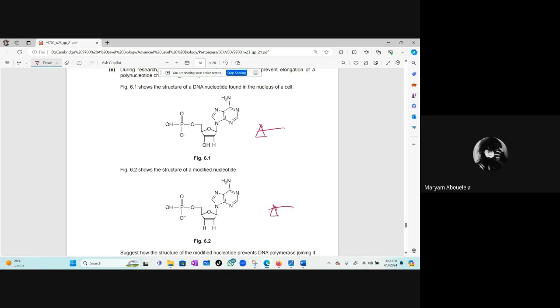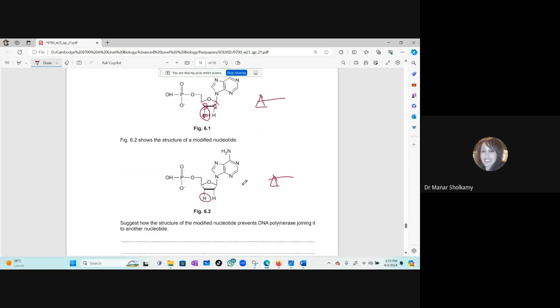The oxygen was removed, the one that connects the nitrogen with the oxygen of the phosphate group. It's got nothing to do with the nitrogen. The oxygen was removed from here. This is carbon number what? 3. Okay.